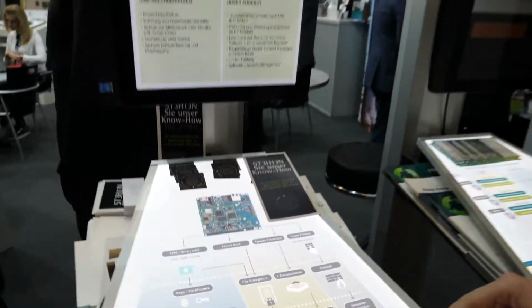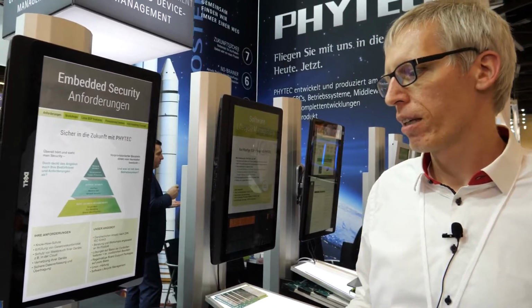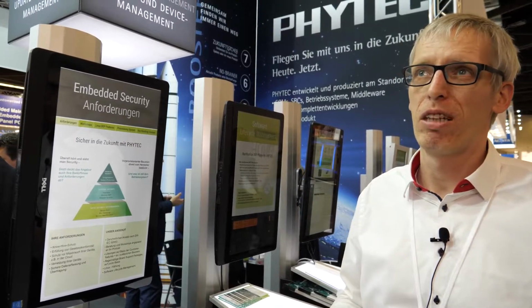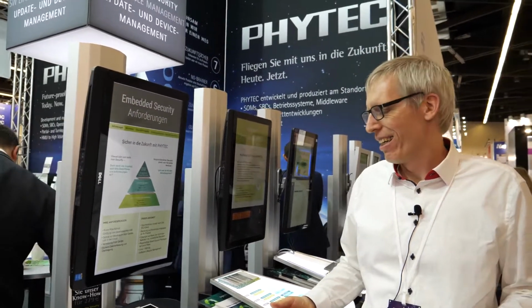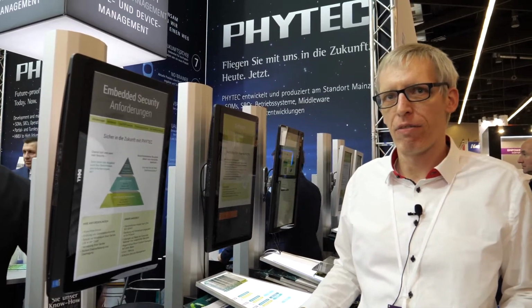So, in terms of security, is it possible to have 100% security? No, it's not possible. Security is a process, and over the lifetime of the product, you can never reach 100%, because the requirements change and the technology changes.